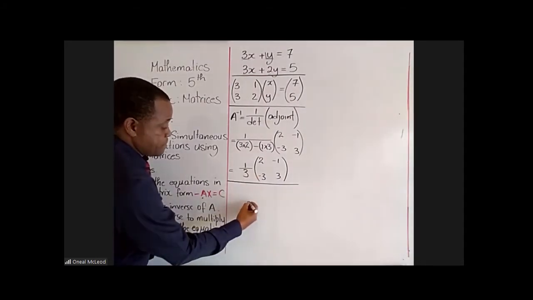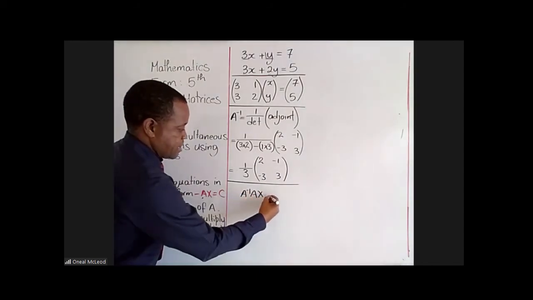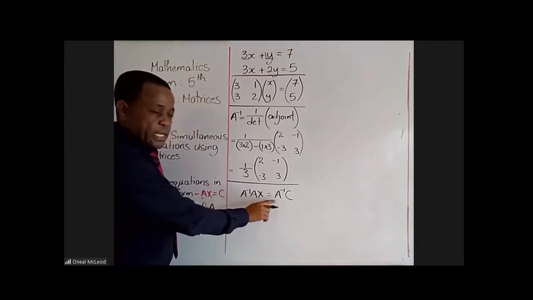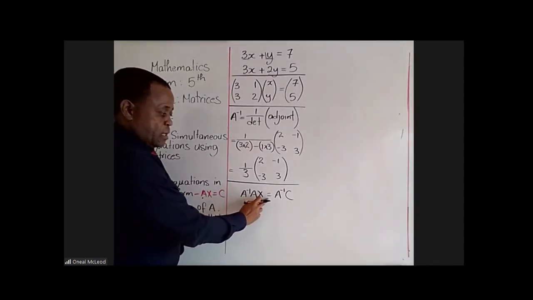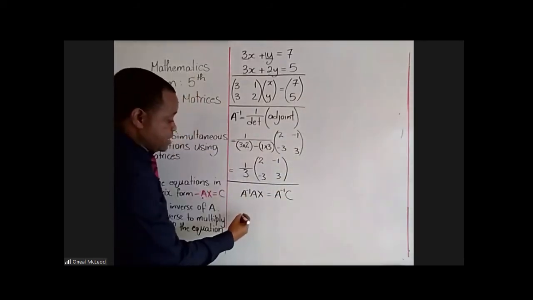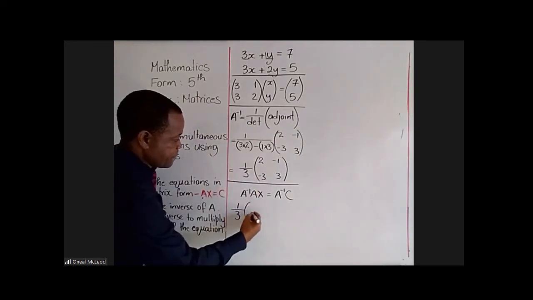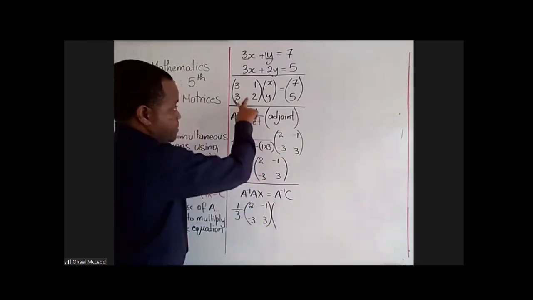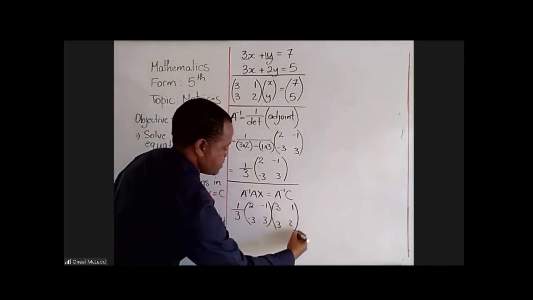It is going to be A inverse AX equals A inverse C. That's what we're going to be doing now. So I can just continue over that side. I'm going to write down A inverse, which is 1/3 of 2, -1, -3, and 3 times 3, 1, 3, 2.